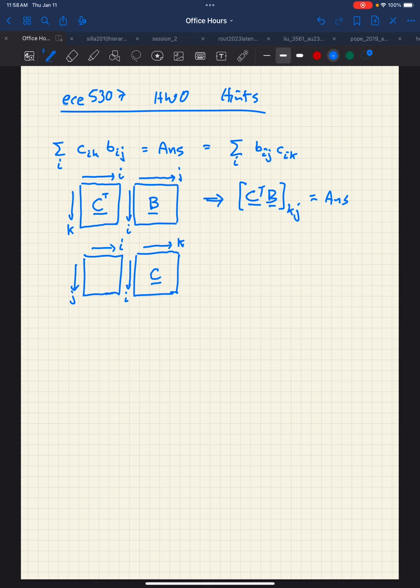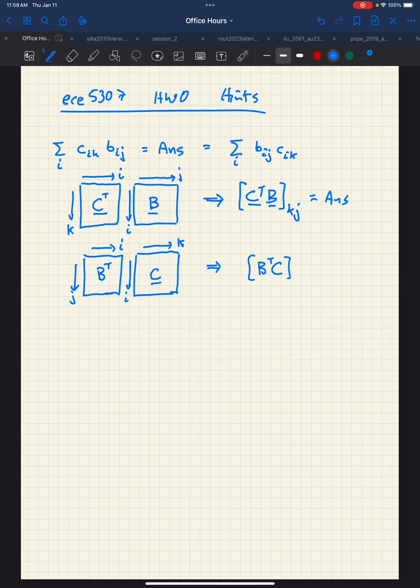And so what we really have on the left is not B alone, but it's B transpose, because B transpose has J going down the rows and I across the columns. So I can put B transpose here. Okay, so all of this implies then that I'm looking at this new matrix, B transpose C.